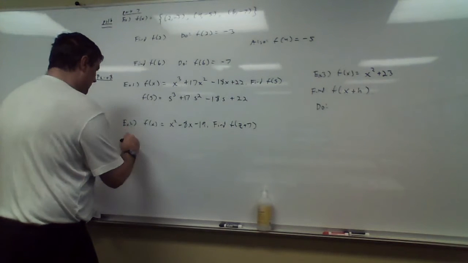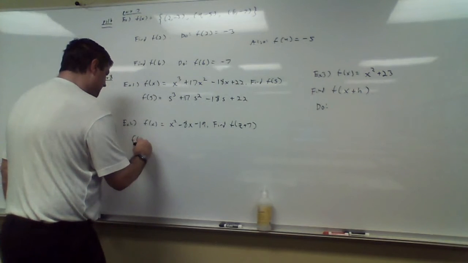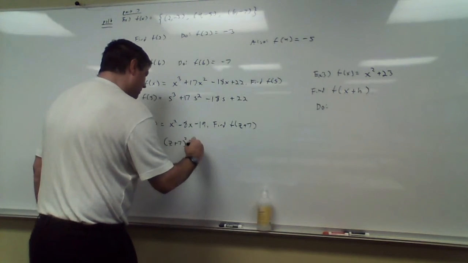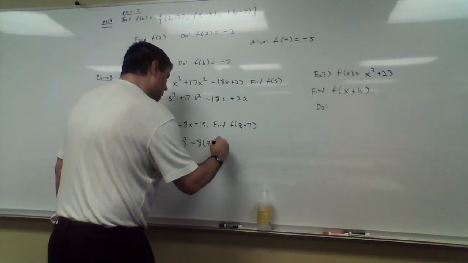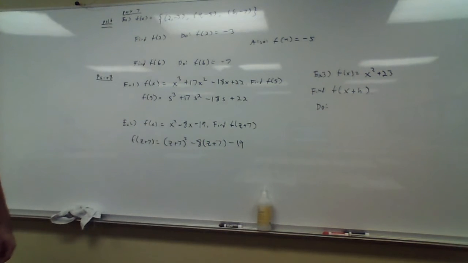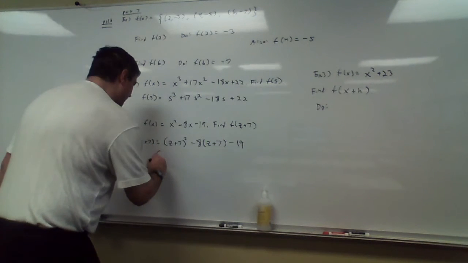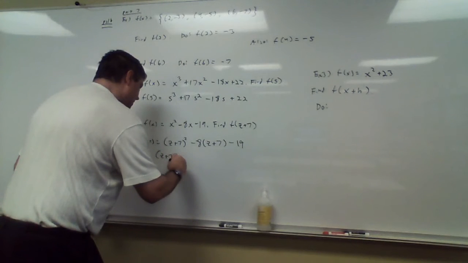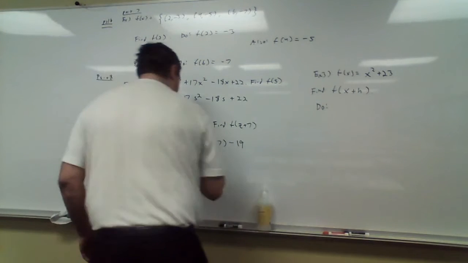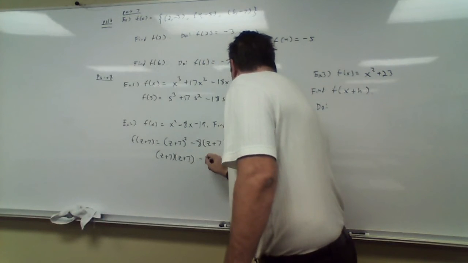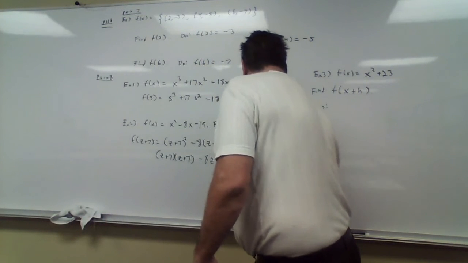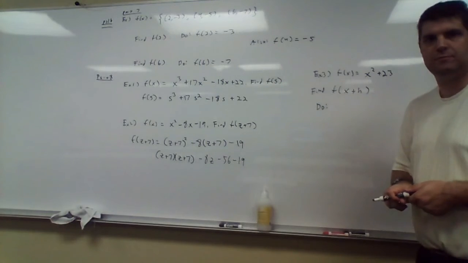This one, f of z plus 7. Everywhere I see an x, I'm going to stick in a z plus 7. Well, this is going to be z plus 7 times z plus 7. I'll distribute this negative through, which is minus 8z minus 56 minus 19.